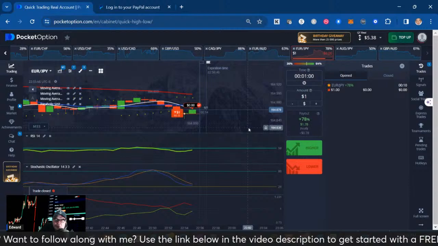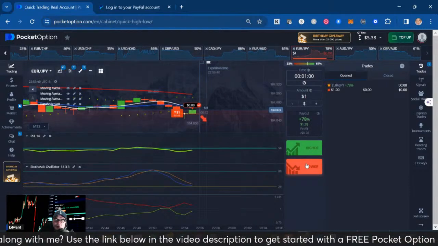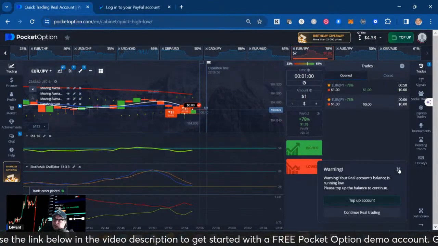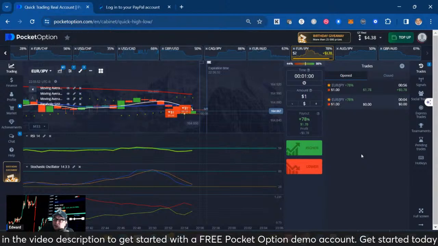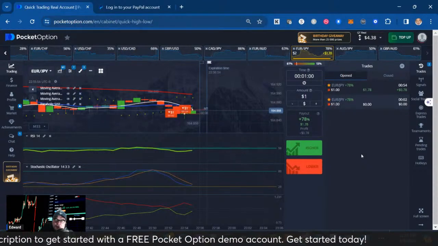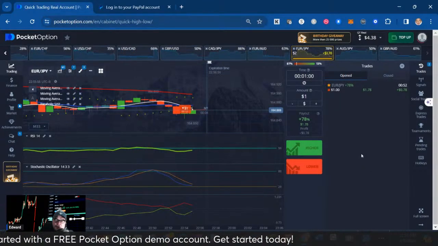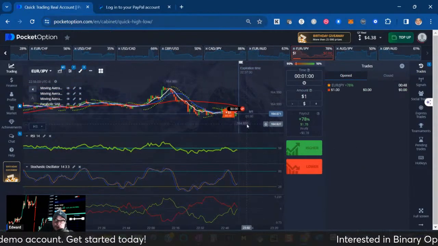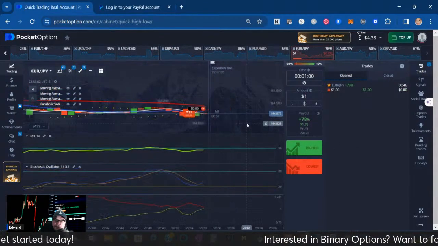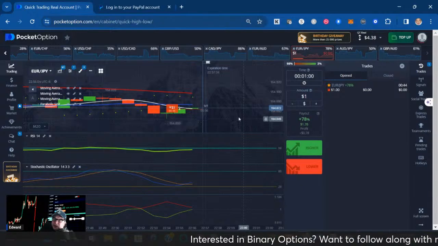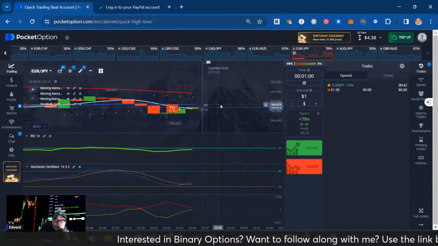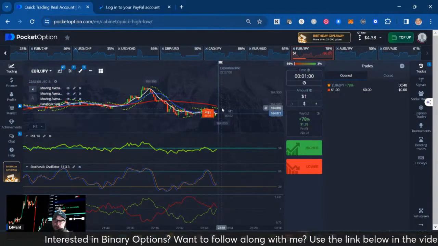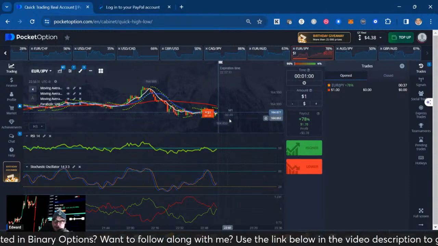We got 11 seconds left. Okay. Let's see if this works. I placed one more entry in here because I think it's going to head down. But I shouldn't have done that.